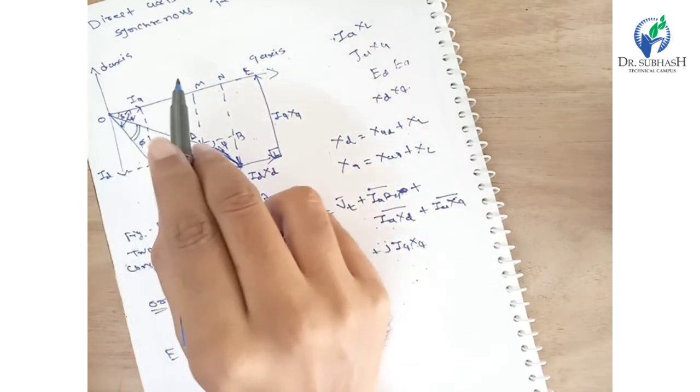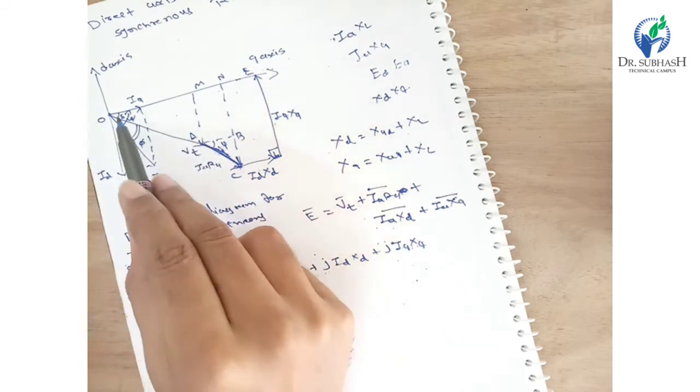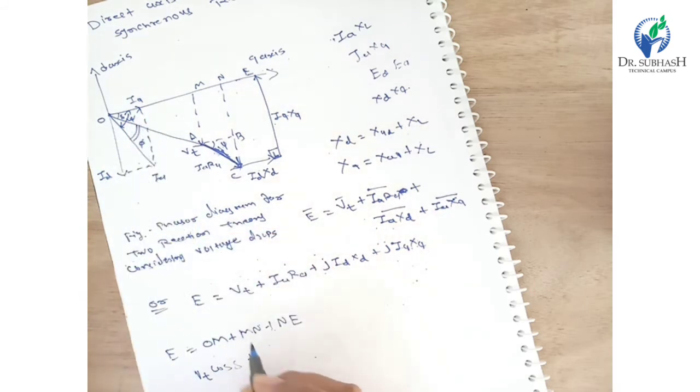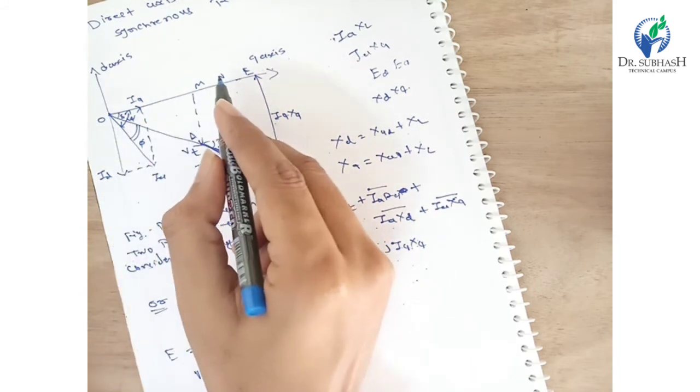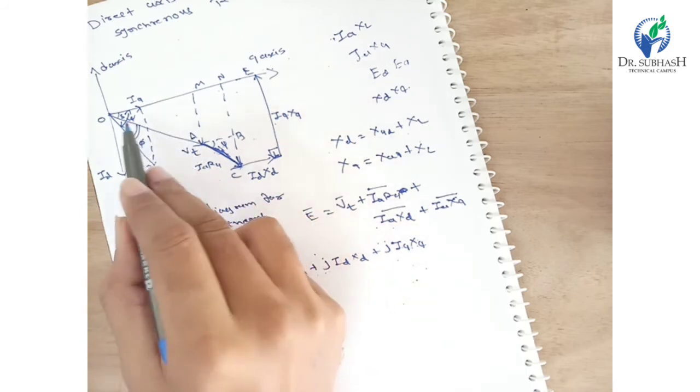For OM, we should write the angle and value. It is the terminal voltage Vt cos delta. For the Mn form, we should write the value of Ia into armature reaction, plus armature reaction into cos sine value for the sine purpose.